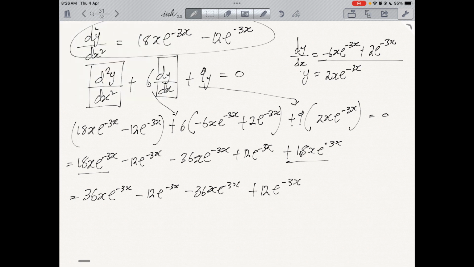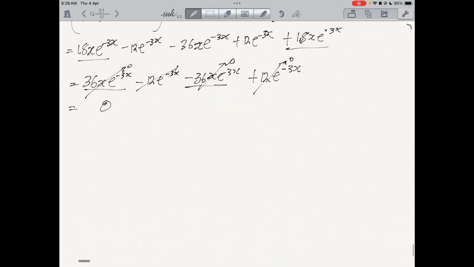Now this will nullify this. Likewise, this will nullify this. So our final answer is 0.